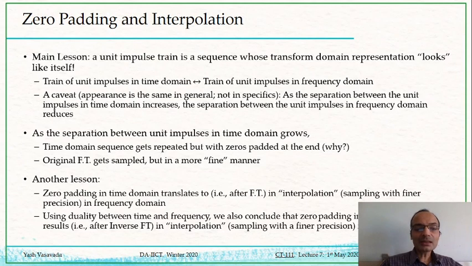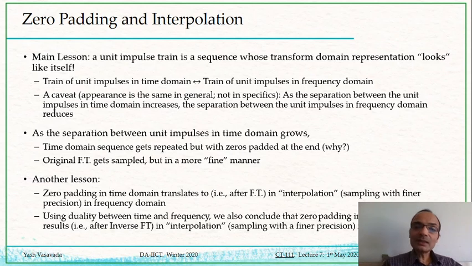And so that is our another observation, that if we do zero padding in the time domain and then we take Fourier transform, we don't take Fourier transform of the signal right away, but we first pad it with zeros, then we make it periodic, and then we take the Fourier transform. Then what we would notice is that it is as if our original Fourier transform that we had without zero padding got interpolated, because we would be sampling it in a finer manner.